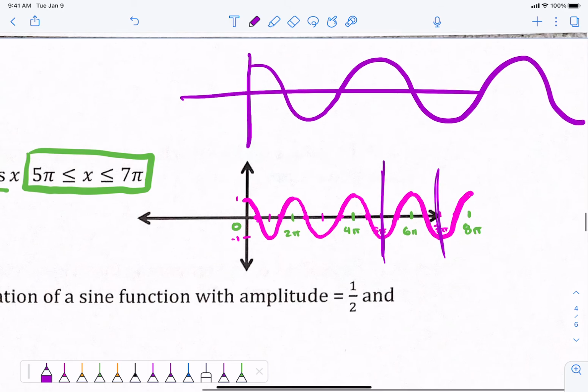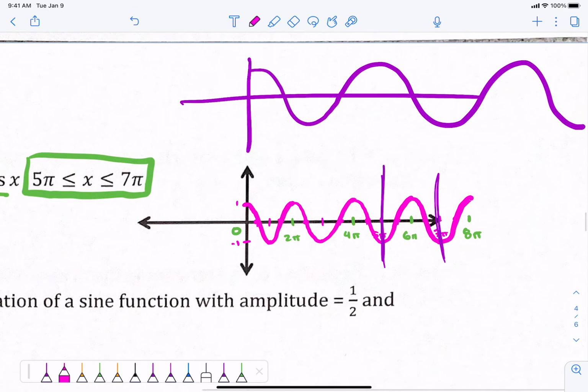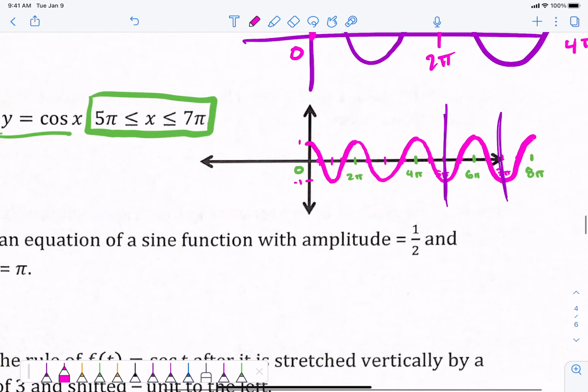Draw him first, and then say, okay, here has to be 0. 2 pi is here. 4 pi is here, etc. Then put your labels in. Does that make sense? Yeah, maybe? So if you're one that can't follow the lines, draw him first and then add the lines in later. So you can do that, okay? That was the chunk that we had to graph.